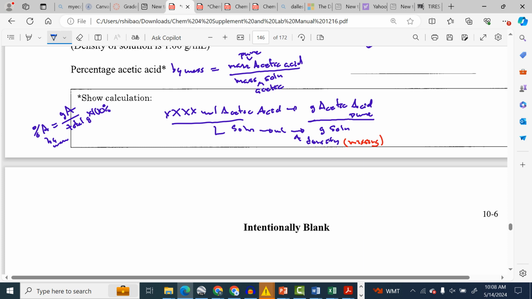So going from liters to milliliters, that should be simple, right? 1,000 milliliters per liter. And then going from milliliters to grams, well, if it's the same as water, then 1 milliliter of water weighs how much? 1 gram, 3 sig figs. So we're going to do it to 3 sig figs. And then once you get that, then what do we do? The final step is to convert the fraction into a percentage.